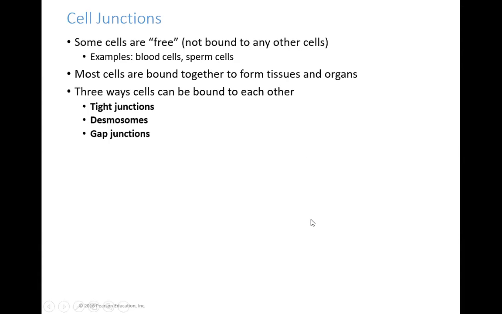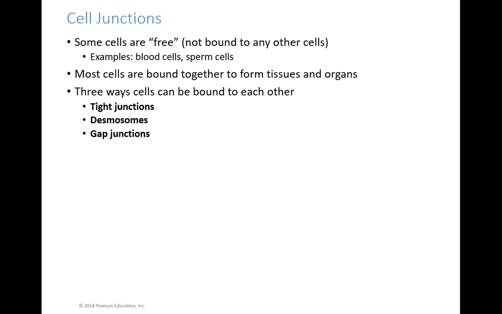Okay. Now cells, as I said, most cells are not free. Most cells are fastened together to each other to give us a whole body structure. Red cells float free, white cells float free.